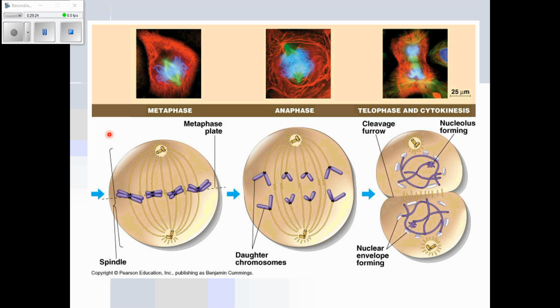Okay, so let's think about what we have accomplished. After telophase is complete, we have a nucleus here and a nucleus here, and they are genetically identical. They have exactly the same DNA. Every piece of DNA in this nucleus has an exact copy in the other nucleus.